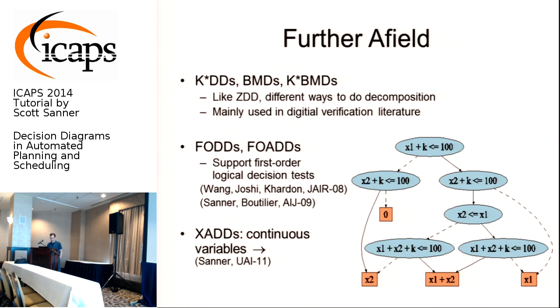I'm doing a different variant with first-order ADDs that isn't always provably as compact, but has a canonical form, whereas Roni's FODDs don't typically have a canonical form. So we have two competing variations in the literature that you can look at. But yes, it's just this idea, except the tests are now logical expressions with or without free variables.